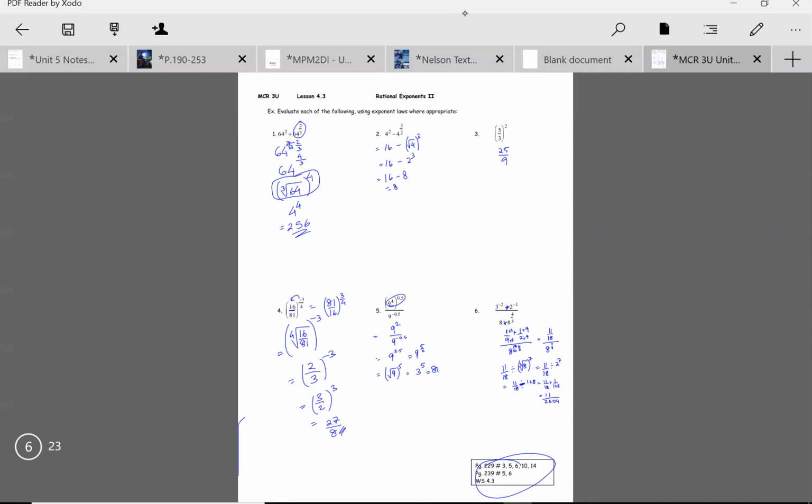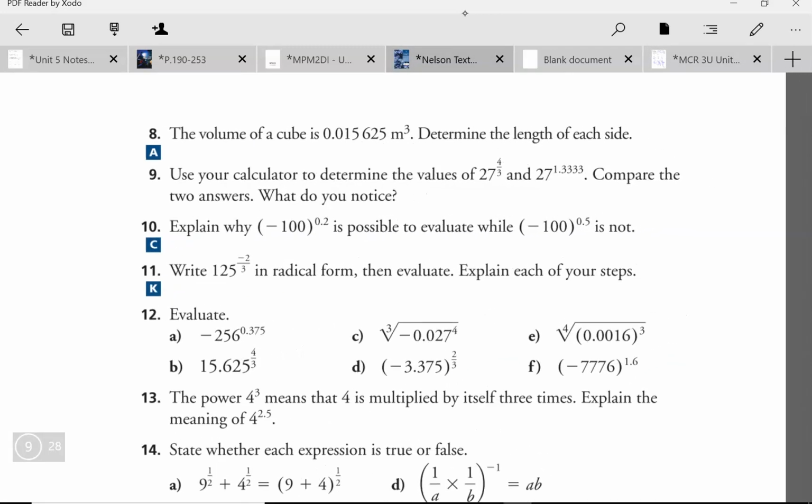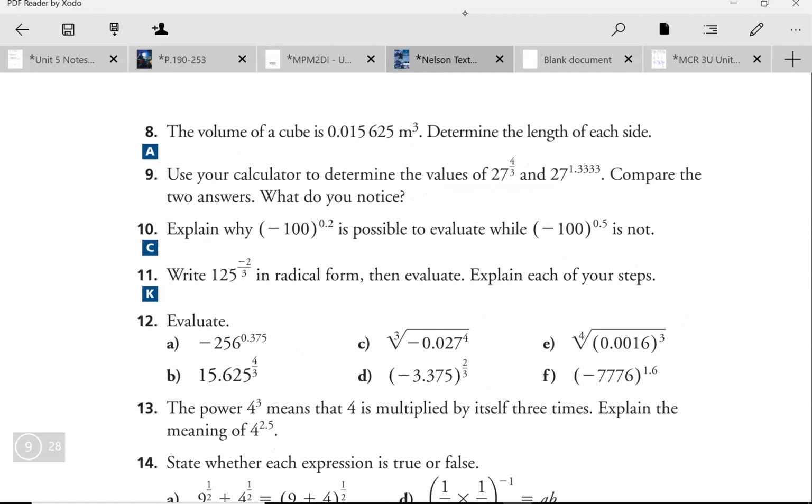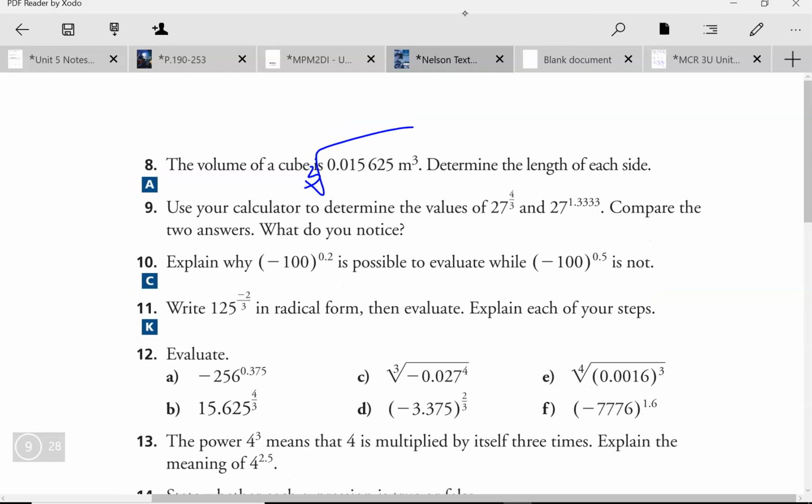What else were we doing? 10 and 14. Okay, let's take a look. The volume is 0.015625 meter cubed. Determine the length of each side. We know we're doing the cube root of that. Some people were confused about this on one of the assignments. This meter cube is a unit, right?